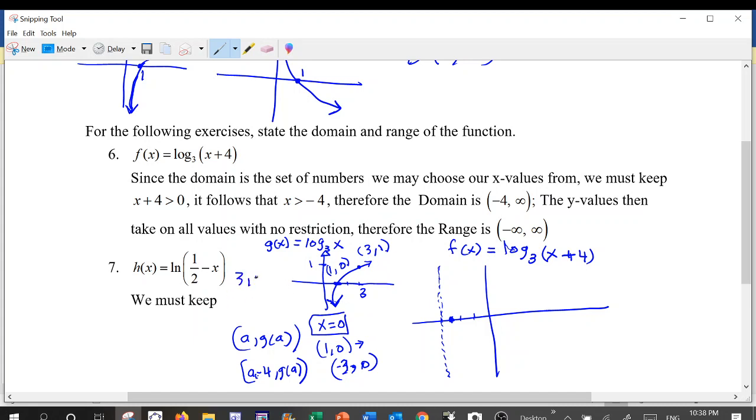Well, we have to subtract 4 from the x value. So 3 minus 4 is negative 1. The 1 doesn't change. So negative 1, 1, whoops, the wrong place, is right here. So let me erase that little point I put there.